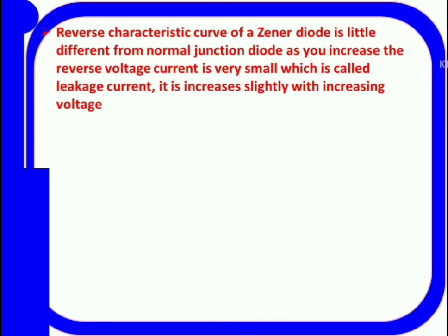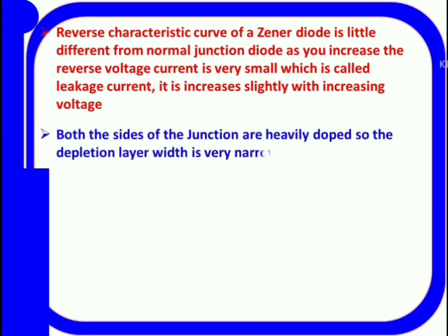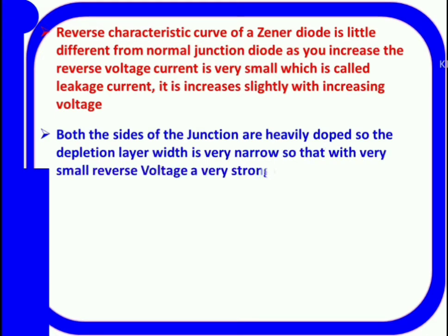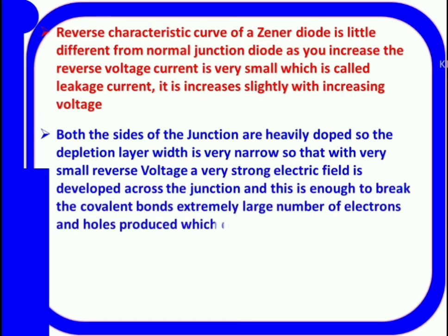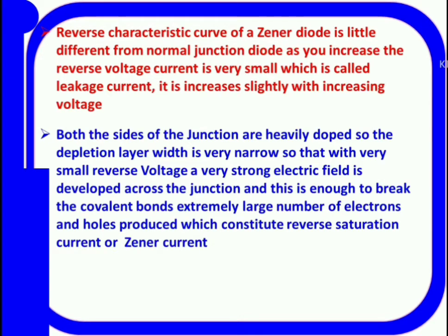If you increase the voltage, there is a slight increase in this reverse current. Since both sides of the junction are heavily doped, the depletion layer width is very narrow, so with a very small reverse voltage, a very strong electric field is developed across the junction, and this is enough to break the covalent bonds, which produces an extremely large number of electrons and holes, so that it constitutes the reverse saturation current or Zener current.